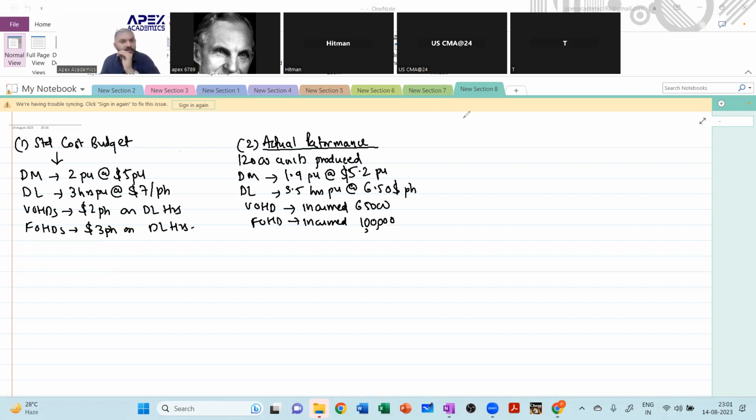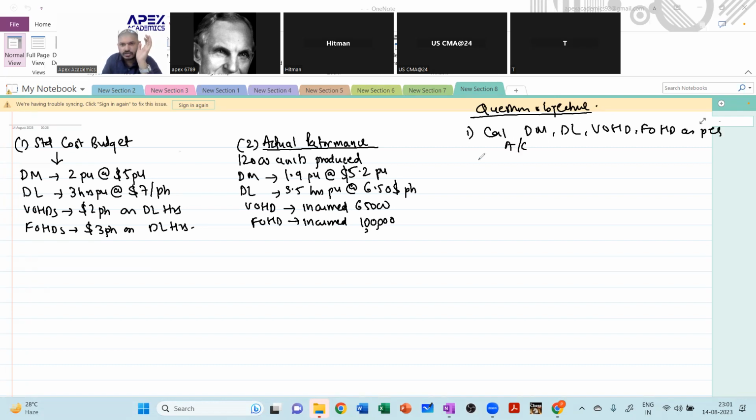Now they are asking you in your exams, on the basis of actual costing, what are your material cost, labor cost, overheads respectively. So what are you supposed to do in this question? The question's objective for you is, number one, calculate direct material, direct labor, variable overheads, fixed overheads as per actual costing.